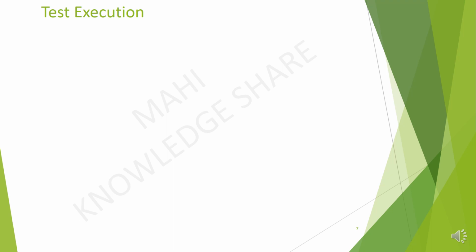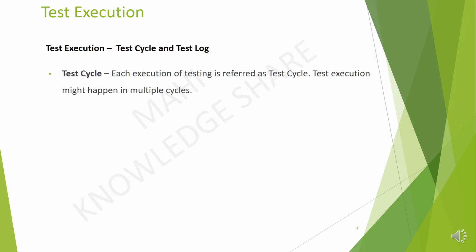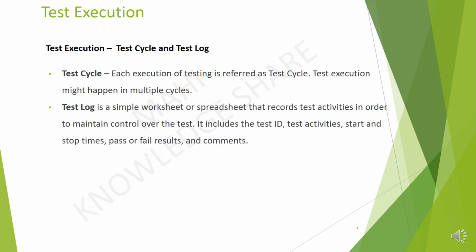Next question. Explain test cycle and test log. Test cycle means each execution of testing is referred to as a test cycle. Test execution may happen in multiple cycles, whereas a test log is a simple worksheet or spreadsheet that records test activities in order to maintain control over the test.